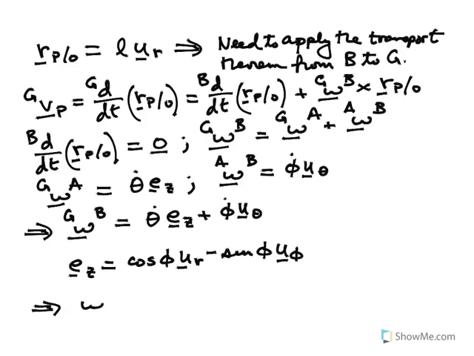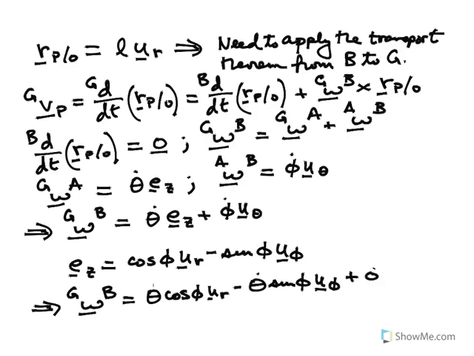So as a result, I get that omega BG is equal to theta dot cosine of phi UR, minus theta dot times the sine of phi times U phi, plus phi dot times U sub theta. And you'll see that that's already in the right order of the basis. So now we can use this result to compute the cross product.